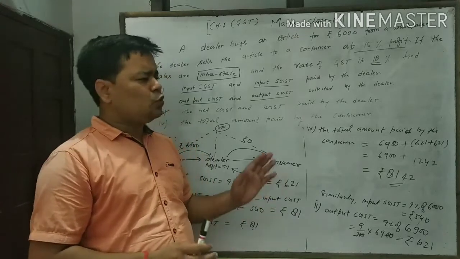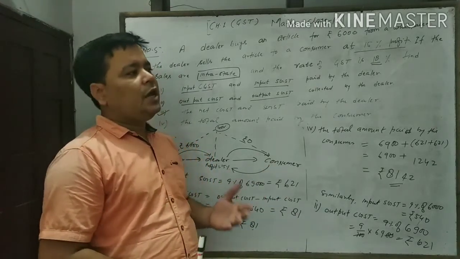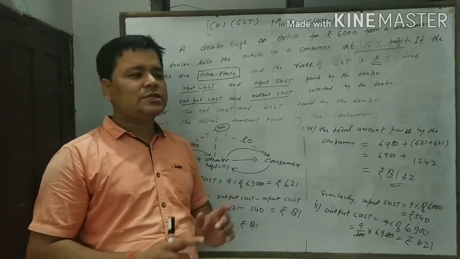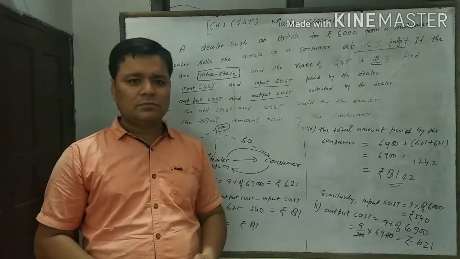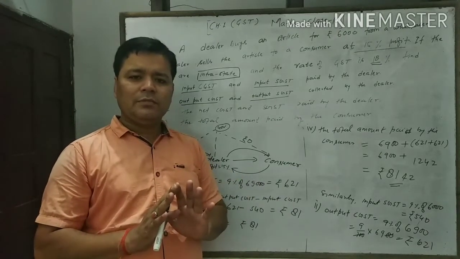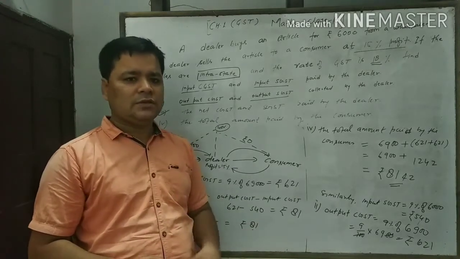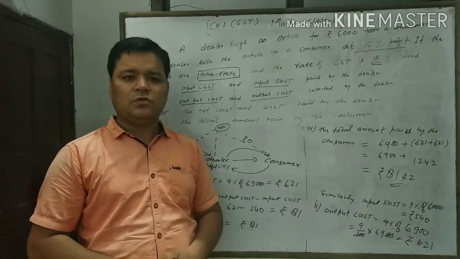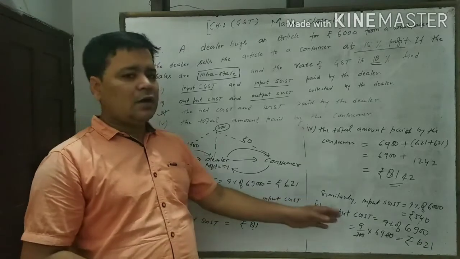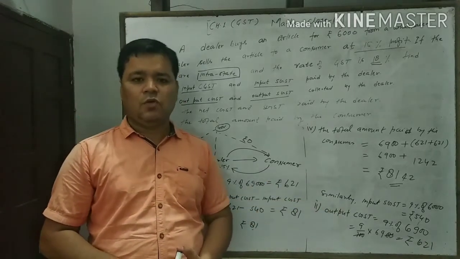Okay, there is no basic formula for this chapter. Just like in banking we have a formula, in share and dividend also we have a formula. But here in GST we have no formula. Only some concepts related to profit sometimes and discount sometimes. On the basis of the concept only we can solve this type of question. Okay, thank you.